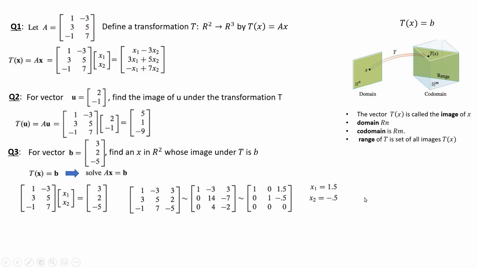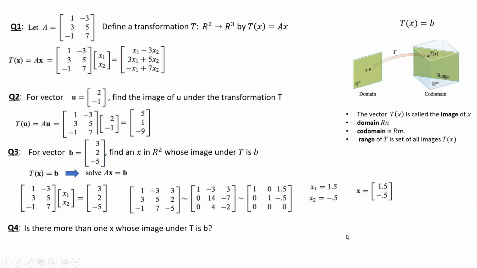So we can explicitly write down the vector x which gives us the vector b under the transformation. This is the specific vector (1.5, -0.5). So we know that when we apply our transformation T to this vector, we are guaranteed to get the vector b.